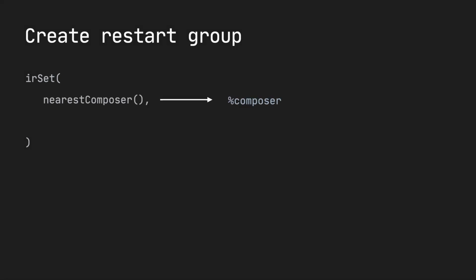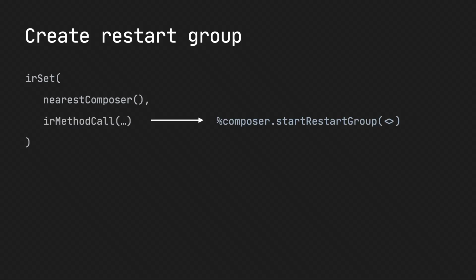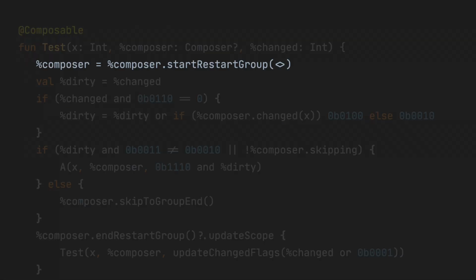So the first parameter is what you're going to assign it to, which is our composer that we're mutating. Then we have the logic that we had before, which is the IR method call. So then what this generates is this assignment right here.